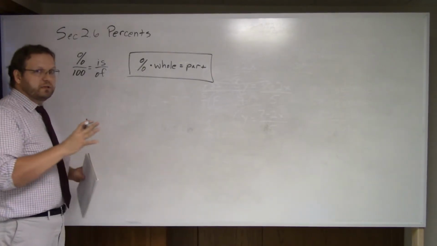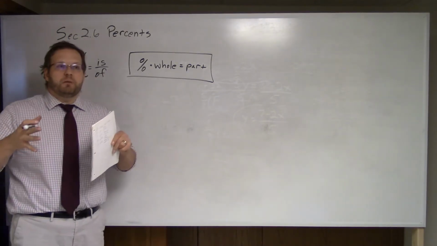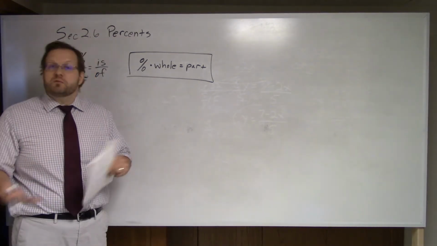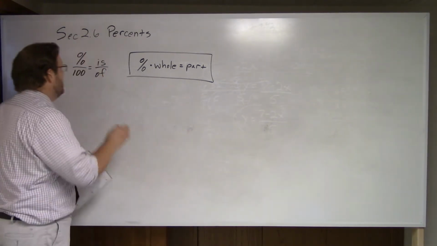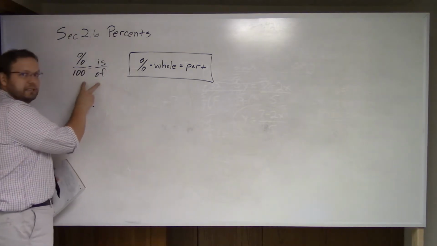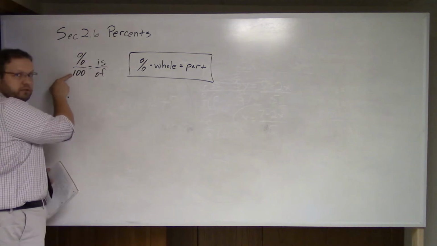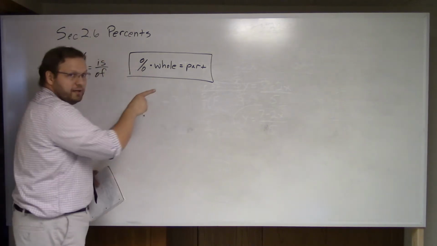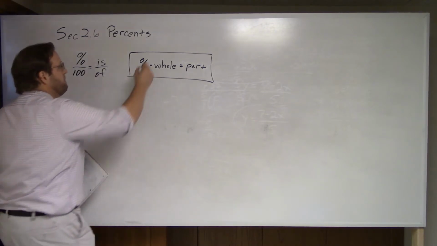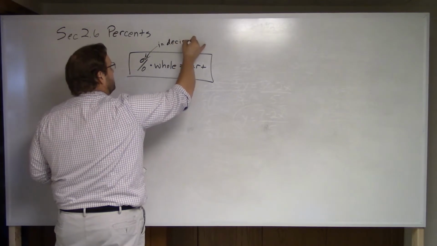Now here's the thing we got to be careful with. A percent is simply a part out of 100 units. So instead of saying hundredths, we can say percent. Now if we have, let's say, 36%, and you're using the first setup, you plug in 36 because it's already 36 hundredths. But if we're using this setup, we always have to write it in decimal form. So that percentage must be in decimal form.